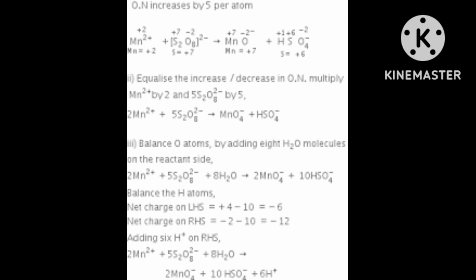Now both sides will be equal. Then 2 MnO4 plus bromide ion, and on the product side 2 MnO4 plus BrO3 plus 2 OH you have added. Now oxygen is balanced, charge is also balanced.